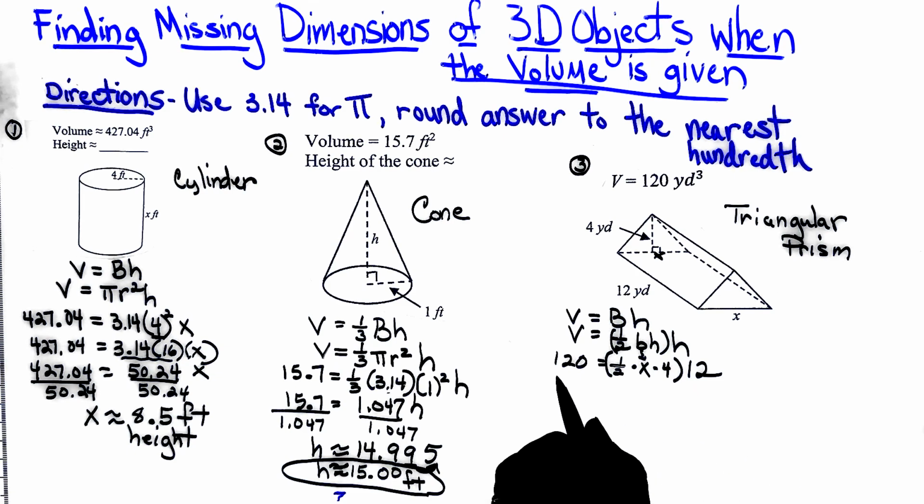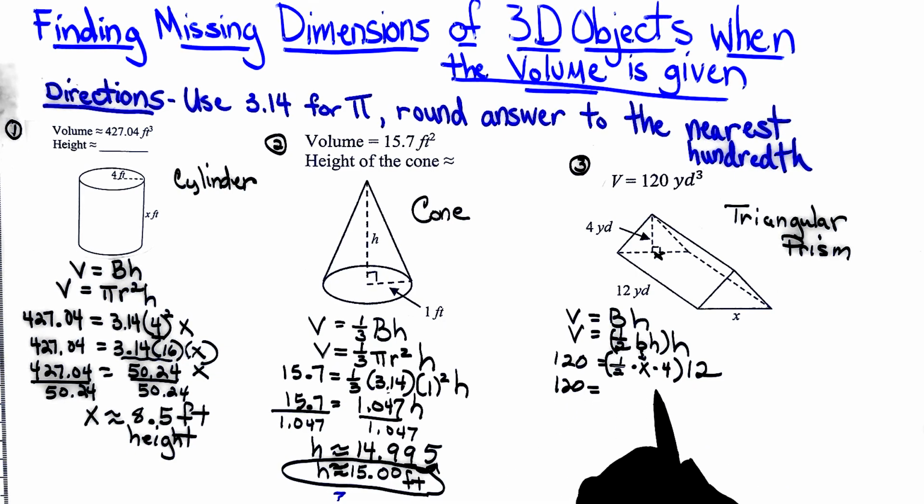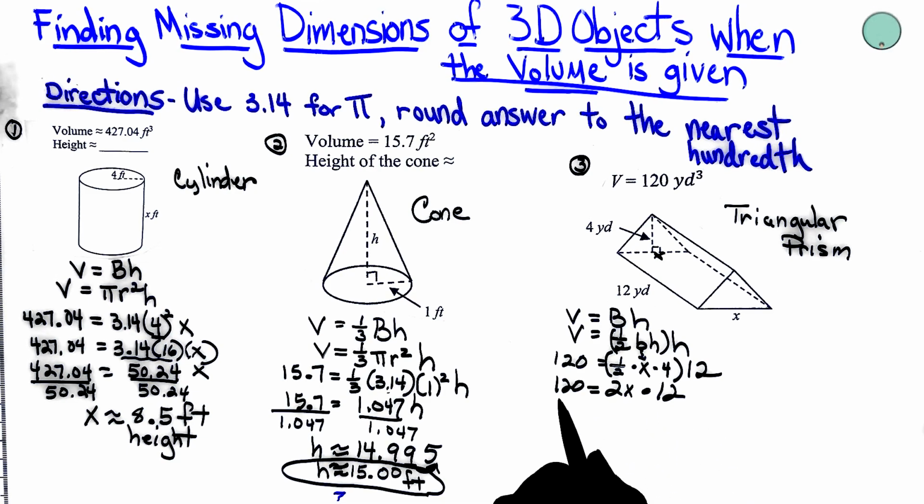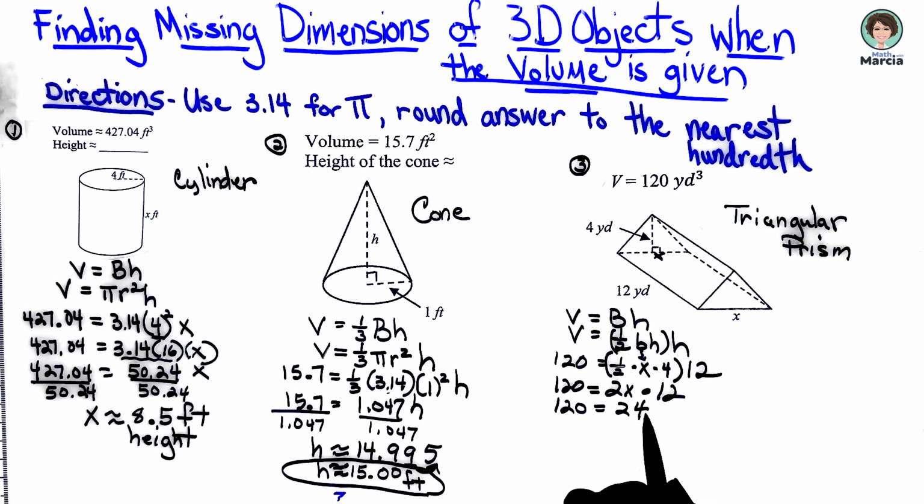All right, so 120 is equal to, let's simplify this. 1/2 of 4 is 2, so that is 2x, and we're multiplying 2x times 12. Well, we get 120 is equal to, we know 12 times 2 is 24, so it's 24x. We're going to divide both sides by 24.